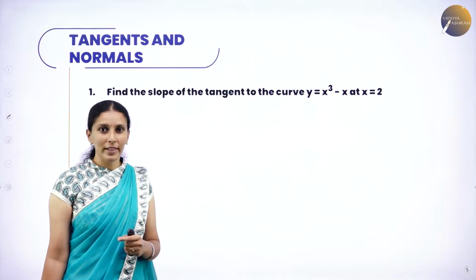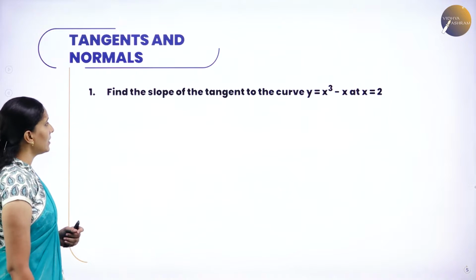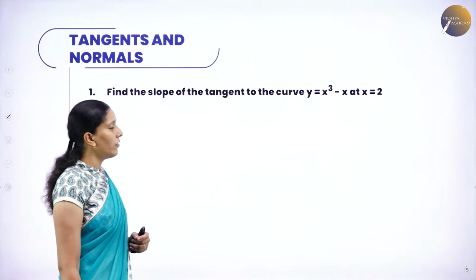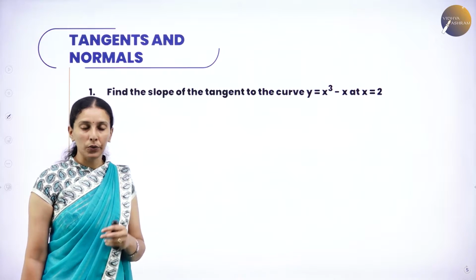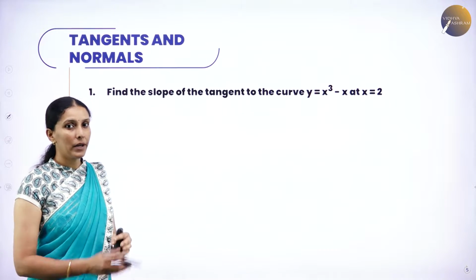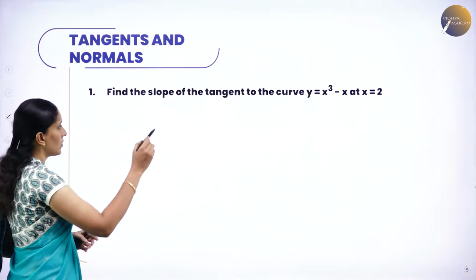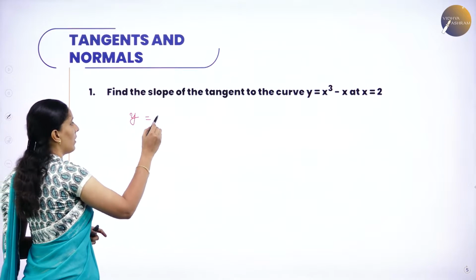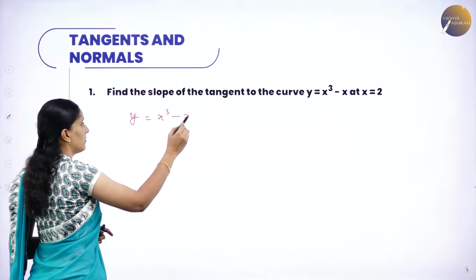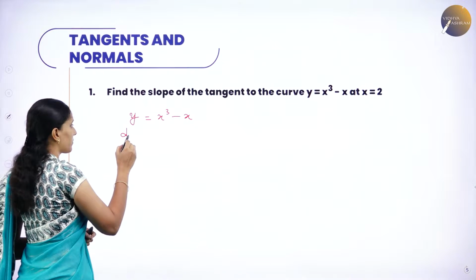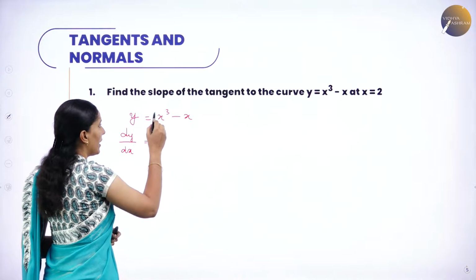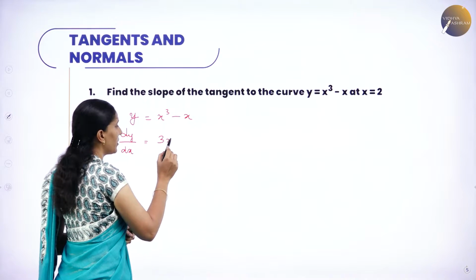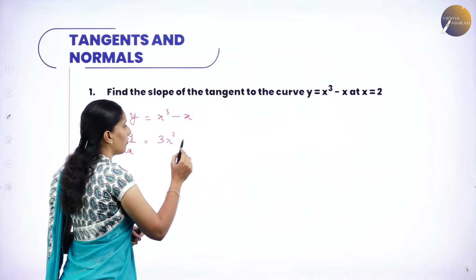So now let's solve the questions. Find the slope of the tangent to the curve y is equal to x cube minus x at x is equal to 2. So the slope of the tangent at a particular point is given. Here y is equal to x cube minus x, so let us differentiate it. dy by dx is equal to 3x square, since the derivative of x cube is 3x square, minus 1, the derivative of x.